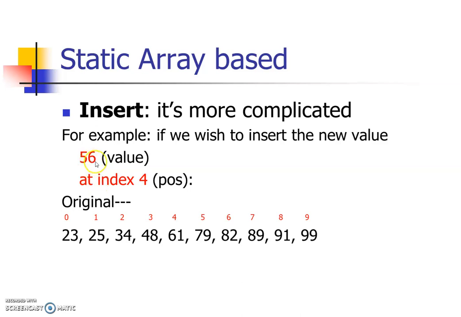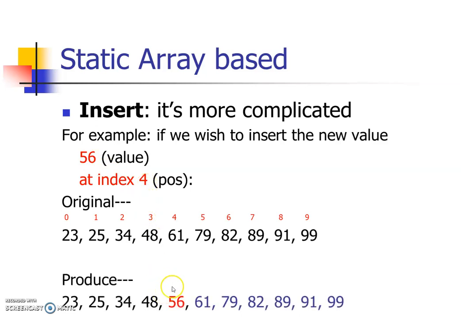Now, say I want to insert value 56 at the location of 4. The end result for this operation should have all the values from index 0 to 3 still untouched, and then insert the value of 56 and shift every item one space to your right. And therefore, this is what we want to implement.